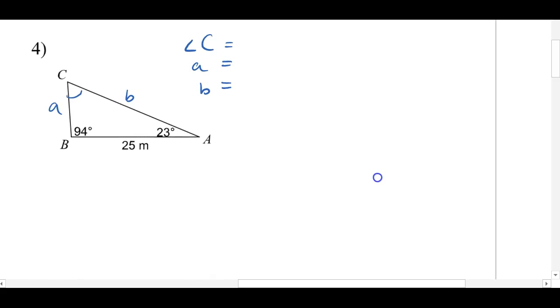Okay, so we know two of the angles, so we can find angle C easily by doing 180 minus the others, or the sum of the others.